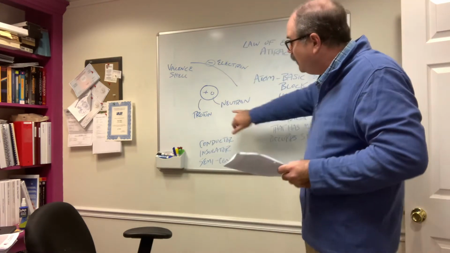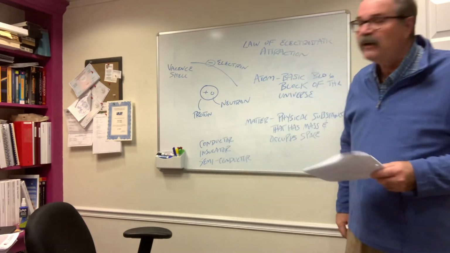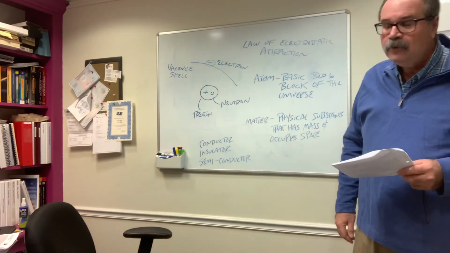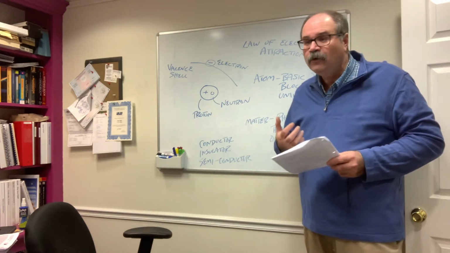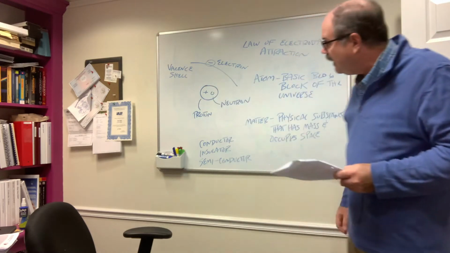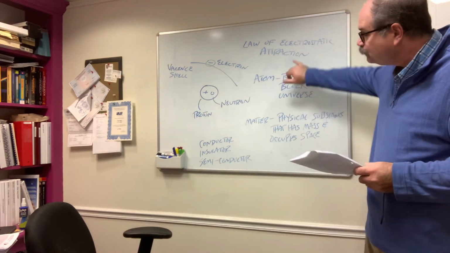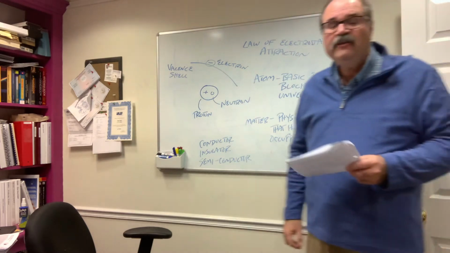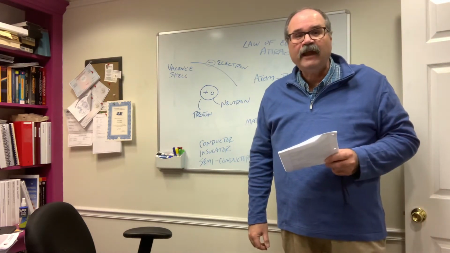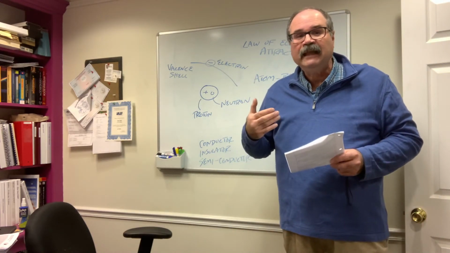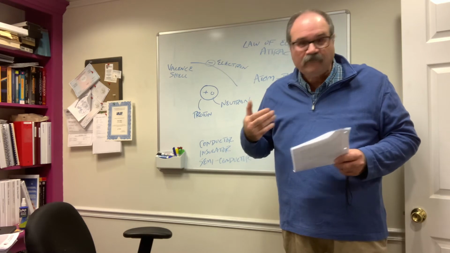Electrons in motion. So keep in mind, proton is positively charged, neutron has neutral or no charge, and the electron has a negative charge.